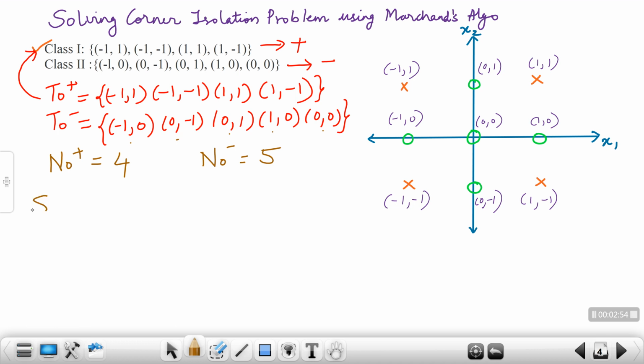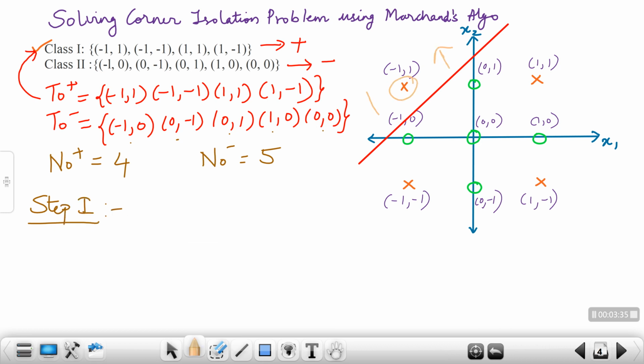We need to select a particular line which will be separating the points. Here there are patterns belonging to class 1 and patterns belonging to class 2. The line you select should be such that either class 1 patterns or class 2 patterns are completely classified, so nothing should remain unclassified on one side. I shall select the line somewhere here such that this particular pattern is classified.